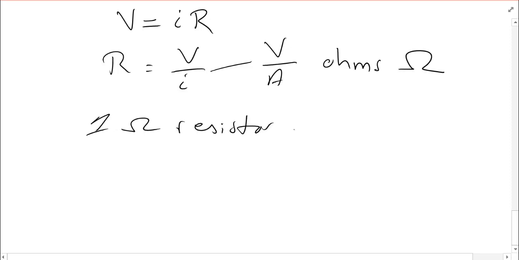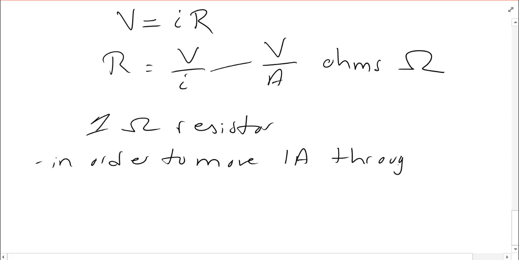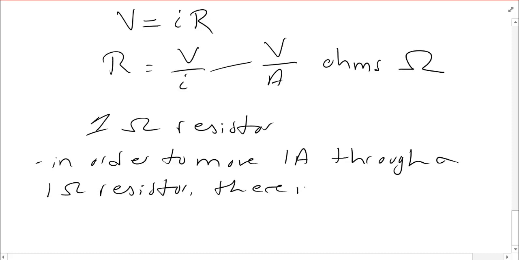What does that mean? In order to move 1 amp through a 1 ohm resistor, there must be 1 volt across its terminals.